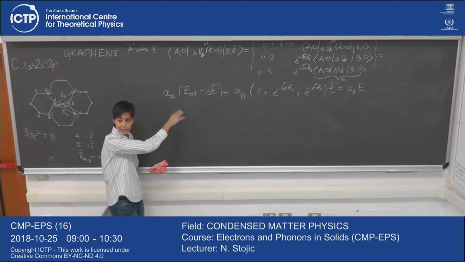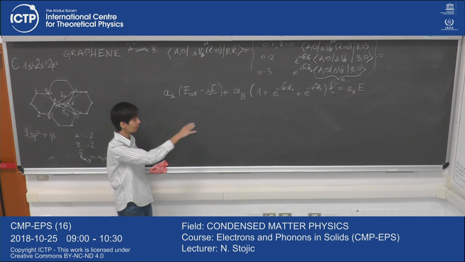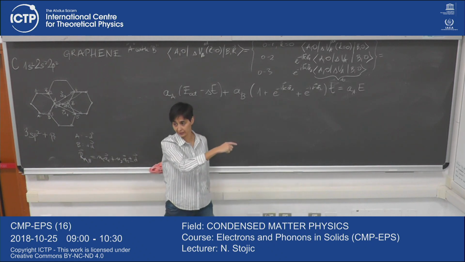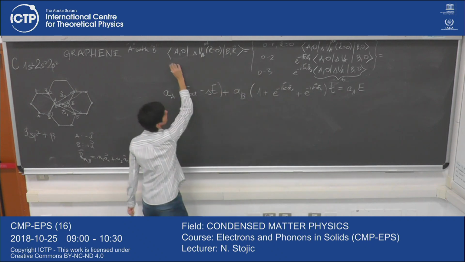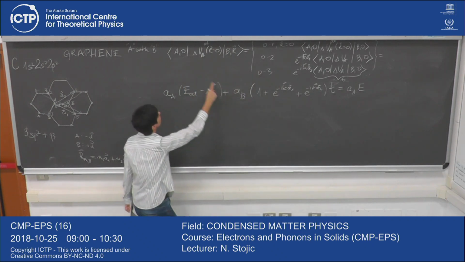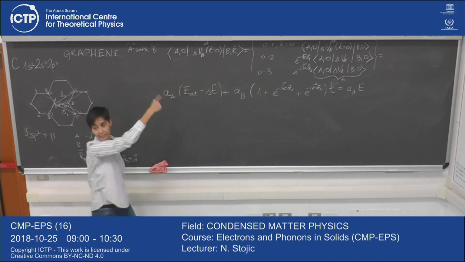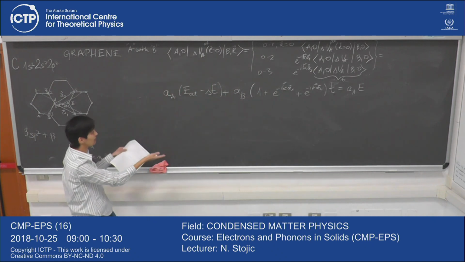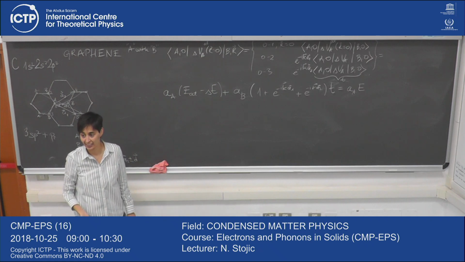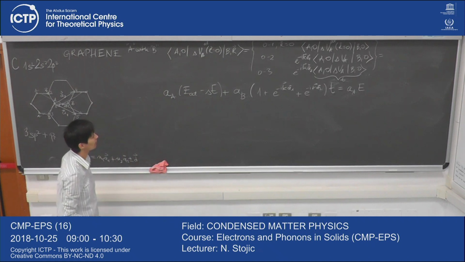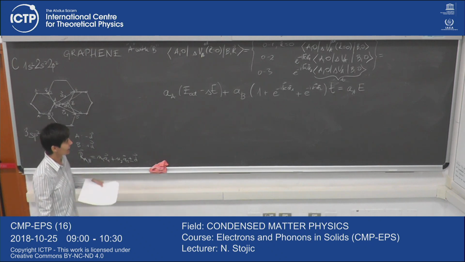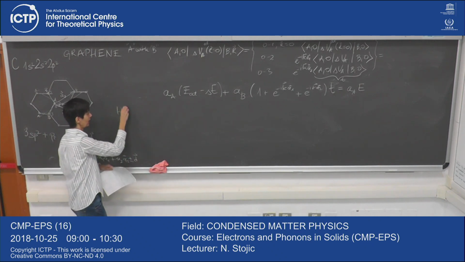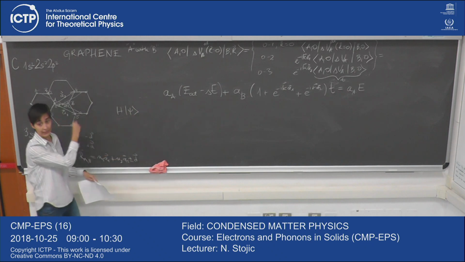But this is from the A with A part. And this is from the A with B part. This is just from the hopping. This was coming with a B factor in front. I don't have it written, there's no space there. That's right. And now we do again this multiplying each side with b.